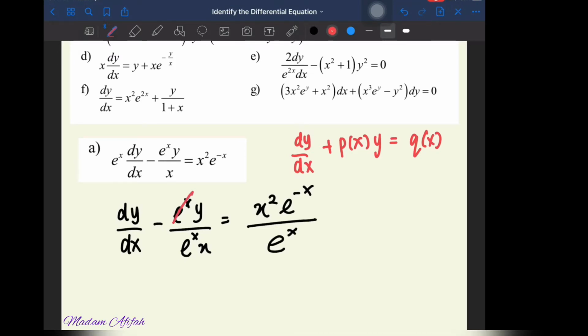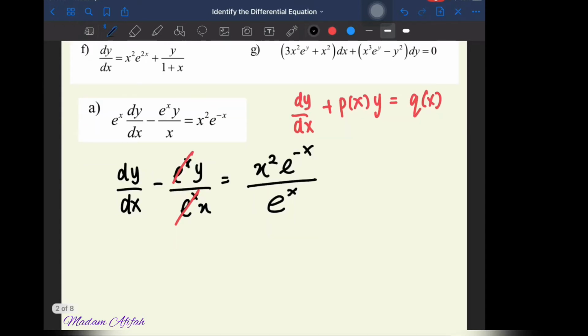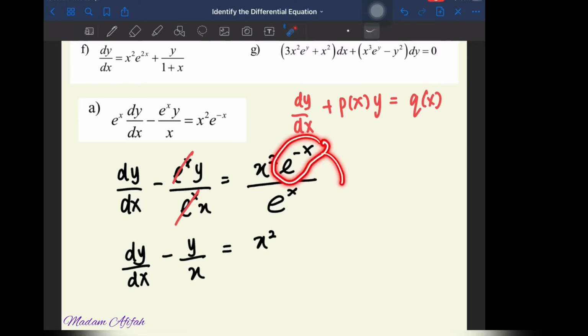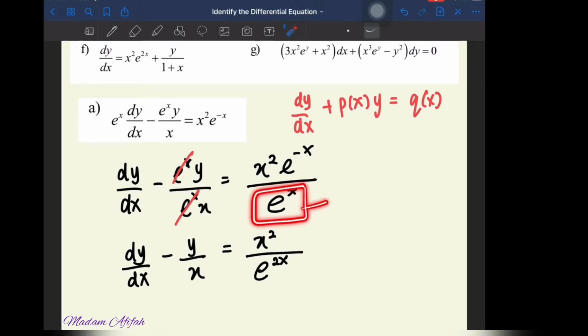So if you simplify this one, you will have dy/dx minus y over x equals x squared. This exponent here, you can bring here, so you can simplify the exponential function to be over e^(2x), or another way of doing it is e^x here, you bring to the numerator part.